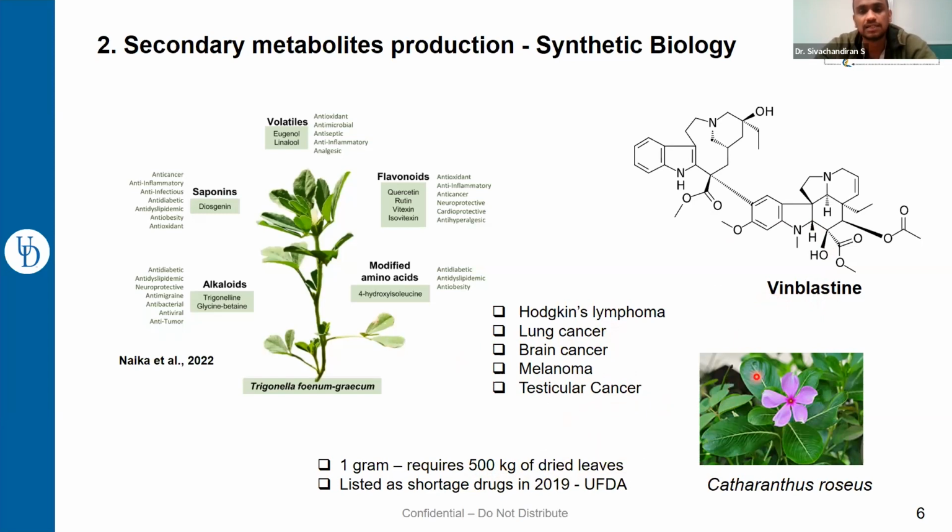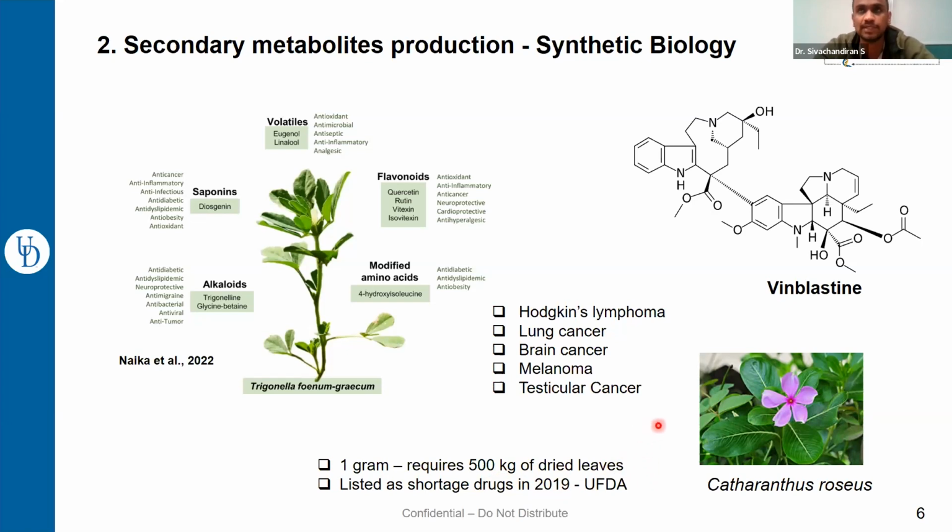And we know it takes a long time for a plant to seed and grow and to extract it. I mean, it's a long bioprocessing time, and plants have a longer lifespan as well. So recently, the US agency listed this drug as a shortage drug in 2019 and 2020 because they are not able to grow a lot of it.